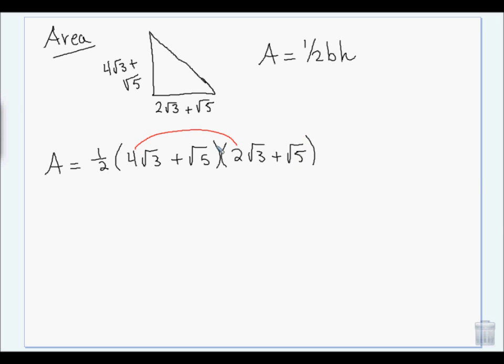Okay, so I'm going to FOIL this. So that's going to be 8 times 3, right? Because I have 4 times 2 gives me 8, and then the square roots cancel each other out. And then that is going to be 4 times the square root of 15, because the 3 times 5 is 15.